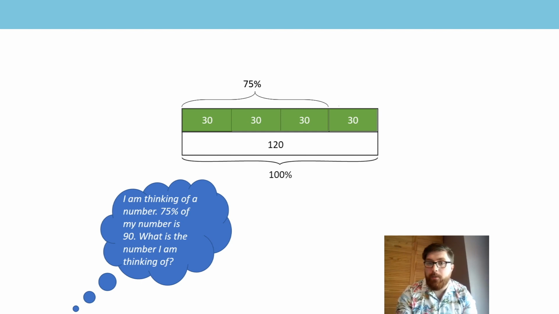Whereas in the previous examples, we could just take our part and multiply it by something to get our 100%. In this case, we've had to break it down first before we then multiply it up, or in this case, add on our extra 25% or 1/4. So yes, my whole is 120.